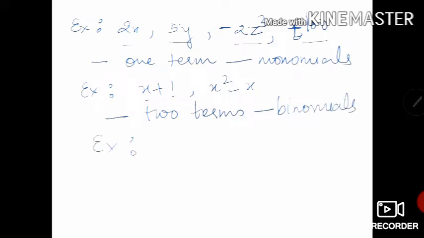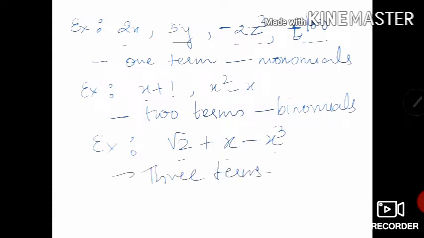Similarly, if there are three terms, like root 2 plus x minus x cube, there are three terms in this polynomial, then the polynomial is called a trinomial. So there are three different types of polynomials based on the number of terms they have.